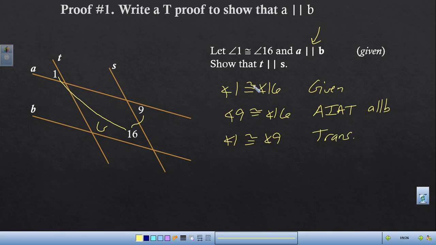See, 1 to 9. So now I come back over here again and I say, what relationship does 1 have to 9? That's alternate exterior again. So T is parallel to S by the converse alternate exterior angles theorem.